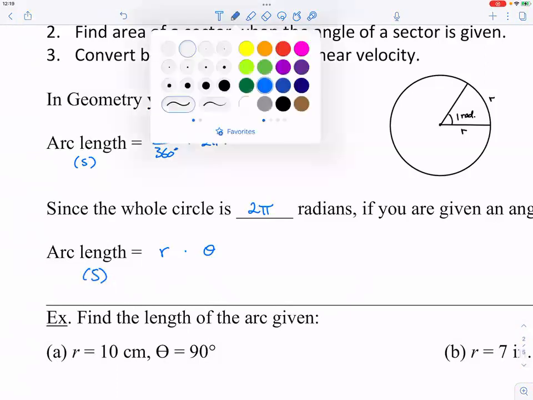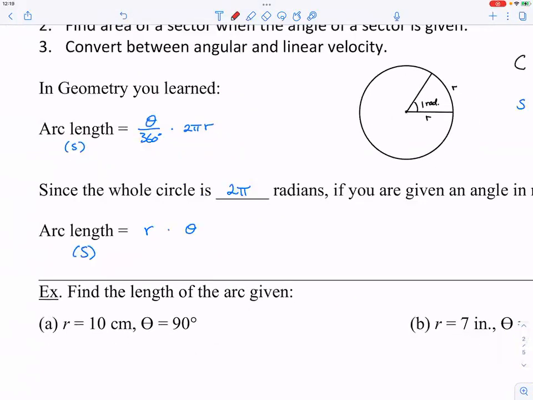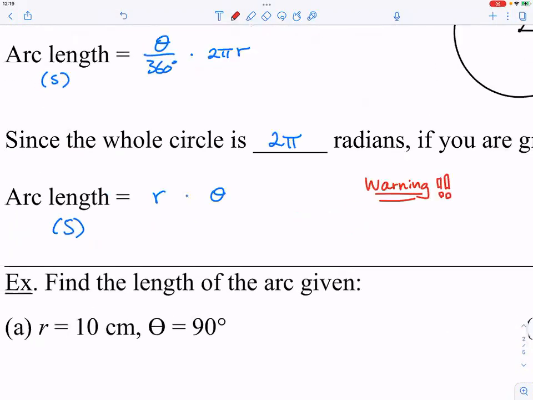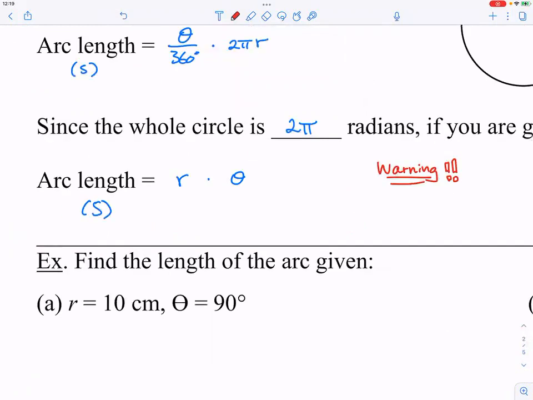Now, I want to share a little experience from last year. Last year I was tutoring a girl taking Precal, and we were talking about this formula, and there was a quiz afterwards.